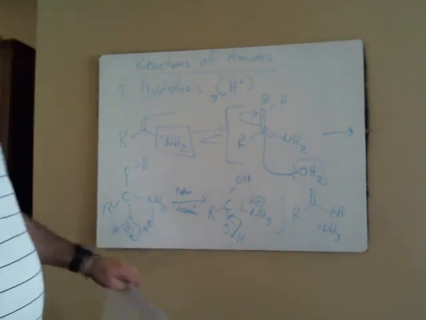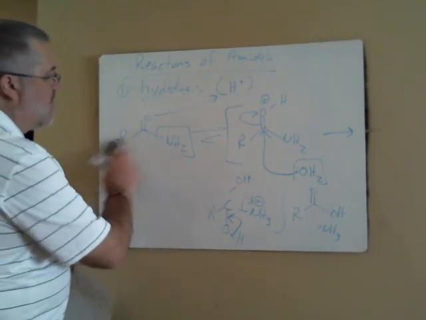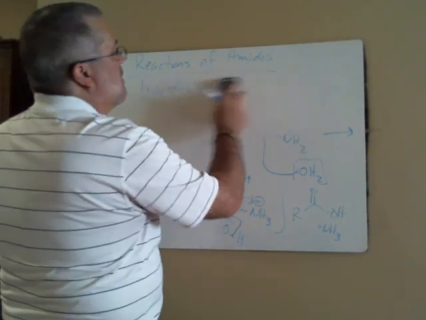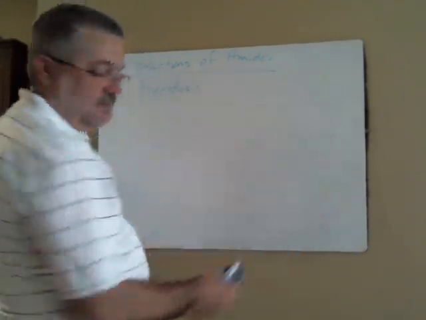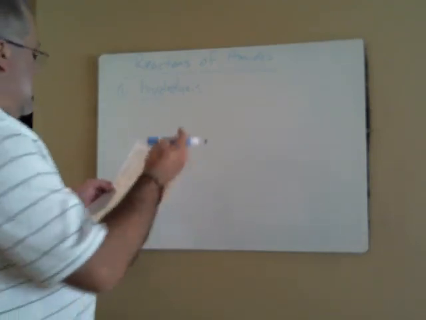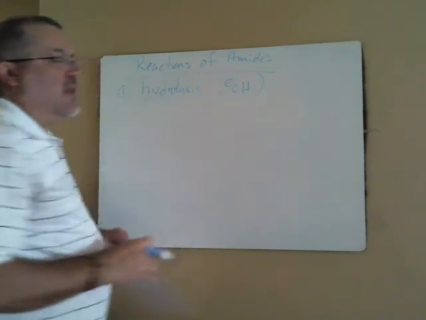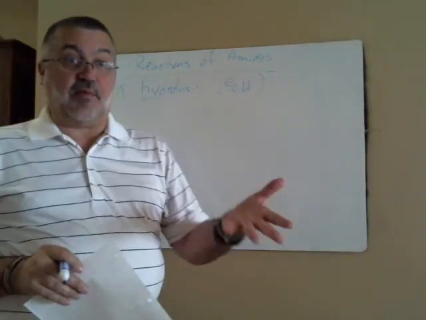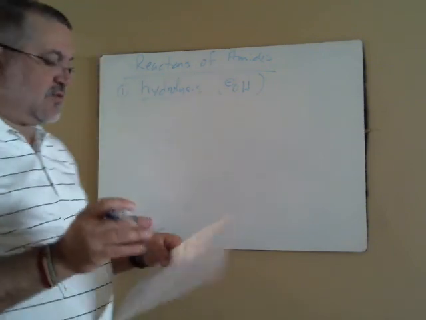Now, what would happen if you did the same hydrolysis, but I'm going to do it under basic conditions, which is basically going to mean that my nucleophile is now OH minus instead of neutral water.